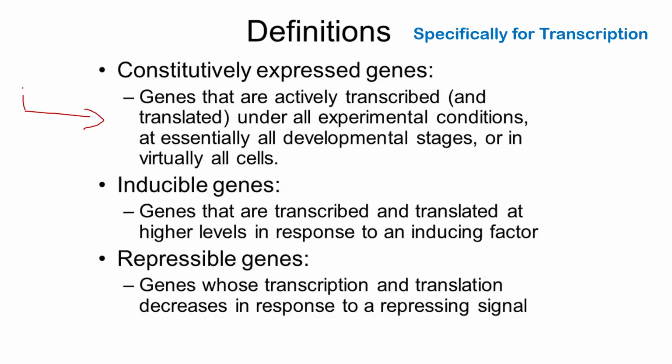So we call these housekeeping genes because they are always expressed at the same level. And the cool thing about housekeeping genes is not only do they play an important role in everyday cell function, they also serve as a control if you're looking at expression differences in genes and in protein synthesis.